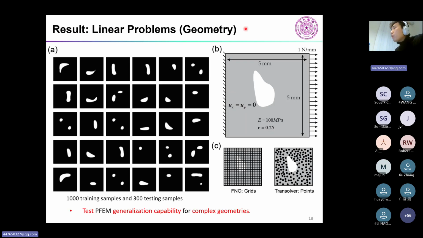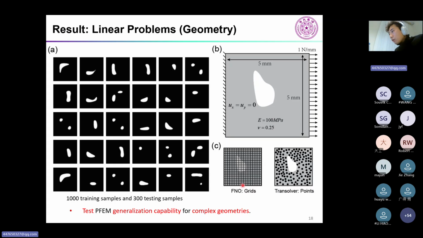For the first one, I want to show you a change of geometry only, which means the material and the boundary are the same. Let me test whether the framework can work with variable geometry. For example, in this case, this is a very famous benchmark. We change the hole, from a GRF, a Gaussian random field. The shapes are different.